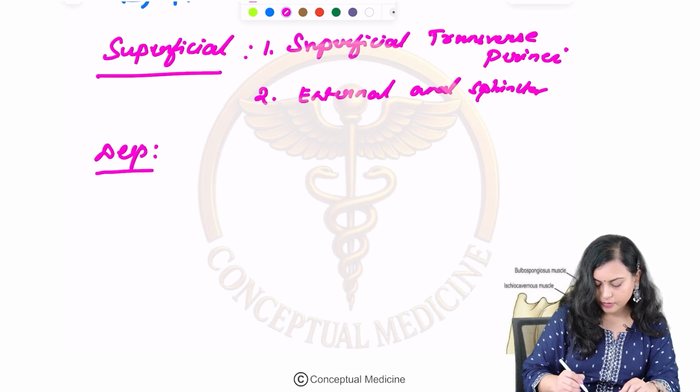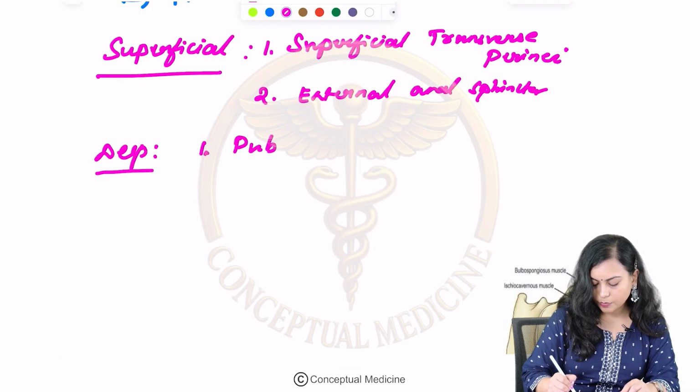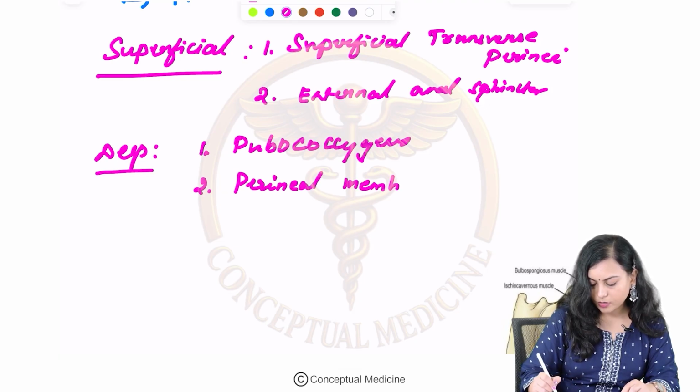In the deep layer comes the pubococcygeus, perineal membrane, and the internal anal sphincter.